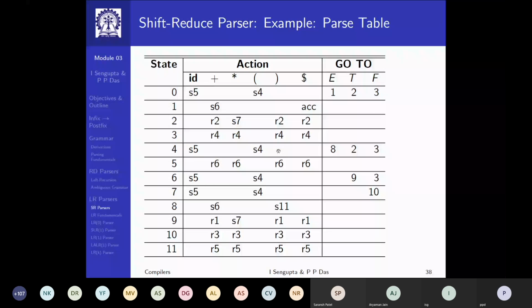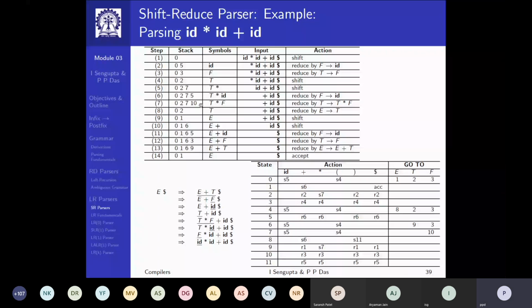Here is the string that I have in the input: ID star ID plus ID. And in this, I show steps, a trace of how your PDA works with this input, given this shift reduce parsing table.